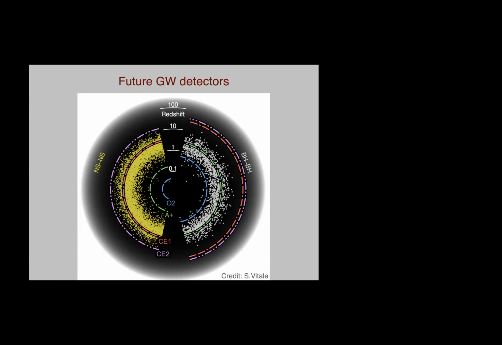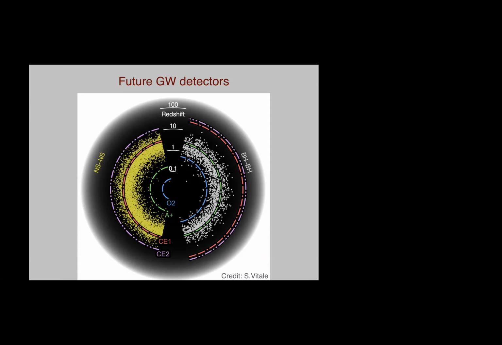For example, LIGO O2 shows that you can maybe reach the neutron stars a little bit, but it works more for black holes. The same is true for A plus, the next upgrade. A plus really probes into the bulk of black hole mergers, but not much for neutron stars.